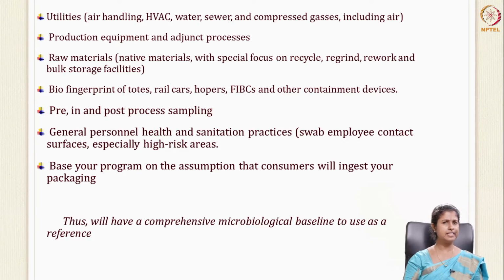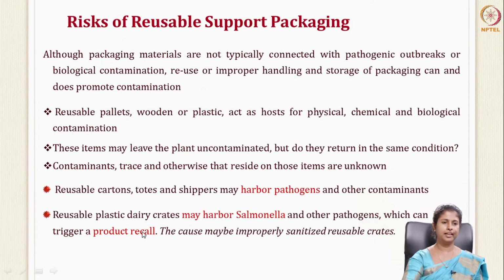If you can maintain this, a lot of biological risk can be avoided. These are some of the common areas which can pose a biological risk through the food packaging. And when you have such a comprehensive microbiological baseline, this can be used as a reference later if a hazard or problem arises.